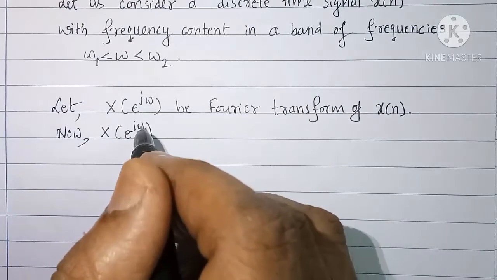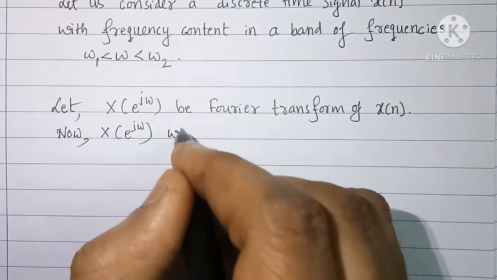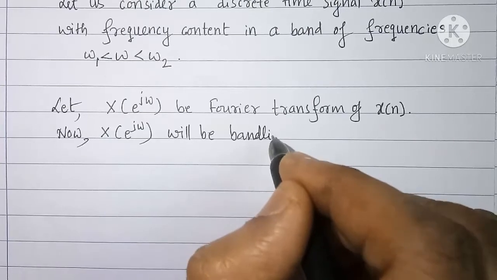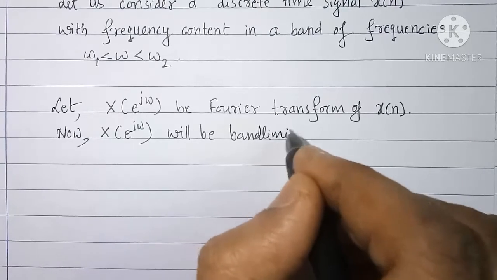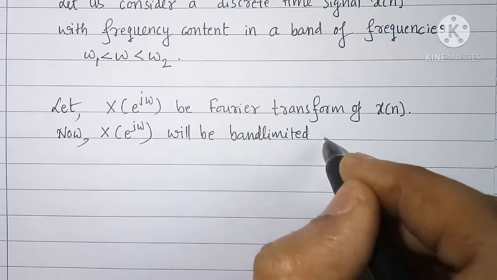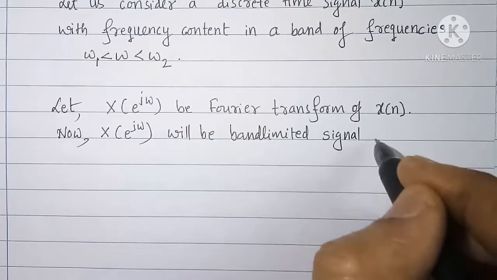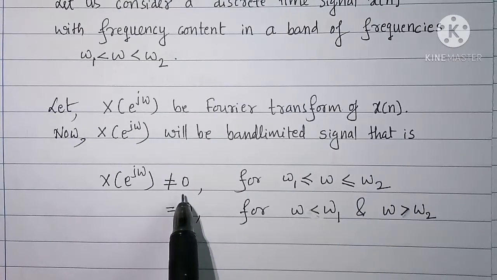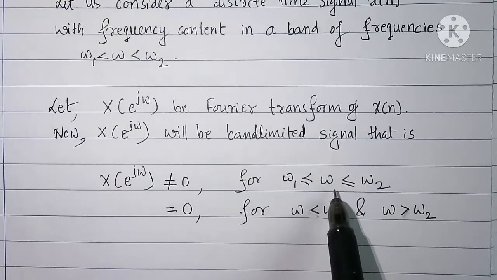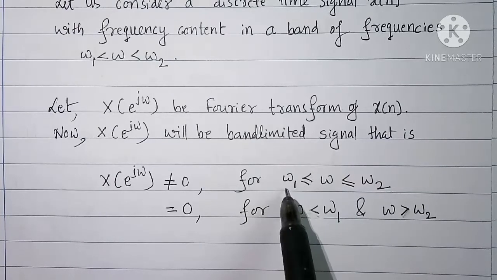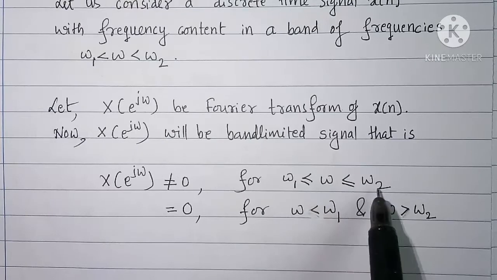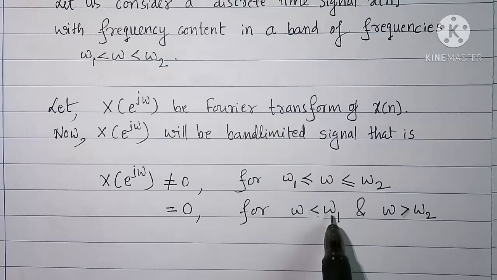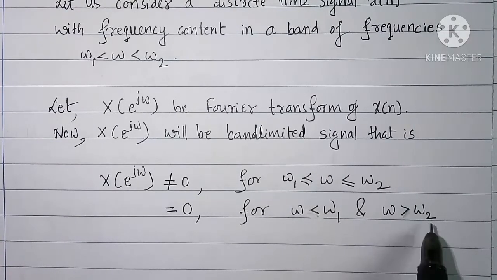Now x of e raised to j omega will be a band limited signal, that is x of e raised to j omega is not equal to 0 for omega greater than or equal to omega 1 and omega less than or equal to omega 2, and is equal to 0 for omega less than omega 1 and omega greater than omega 2.